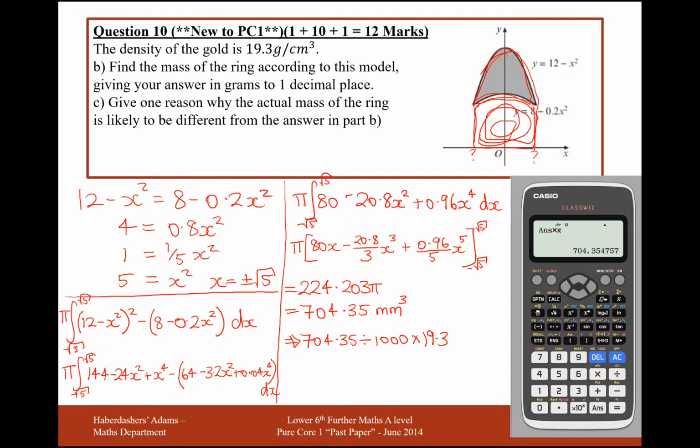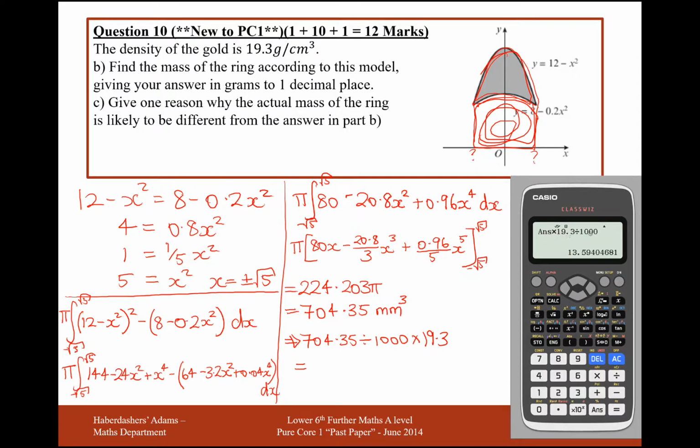So we'll times by 19.3, and that will get us our mass. So on your calculator, times that by 19.3 divided by 1,000, and you get 13.59, or in other words 13.6 grams.